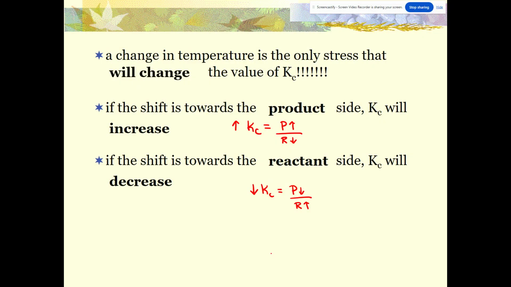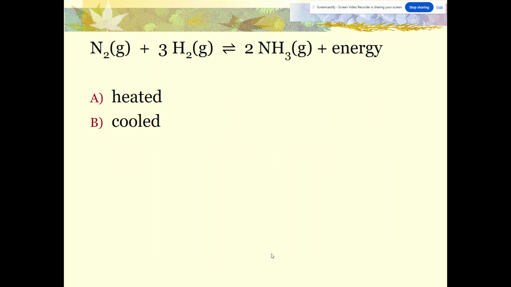Okay, let's look at an example of this. So the Haber-Bosch process is exothermic. Energy is a product. So if I heat the system, I'm adding a product, so it's going to again shift to the opposite side. It's going to shift to the reactants. Again, when you add something, it always shifts to the opposite side.